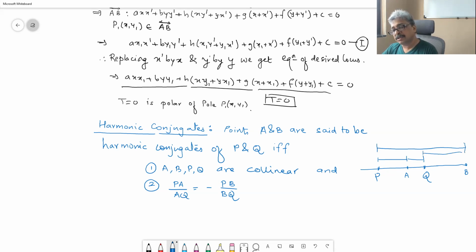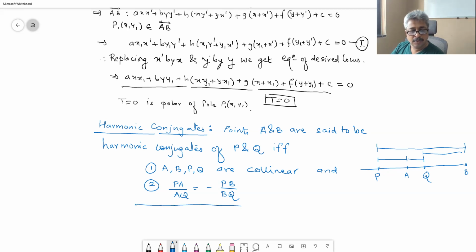Do you understand this? That is why with a minus sign, because of external division, and a plus sign because of internal division. So A, B, P, Q must be collinear, because if they are somewhere in the plane, we will not be able to deal with them, and therefore they will not be called harmonic conjugates. Points A and B are said to be harmonic conjugates of P and Q if and only if this happens.